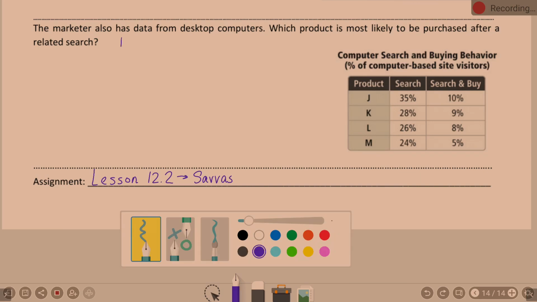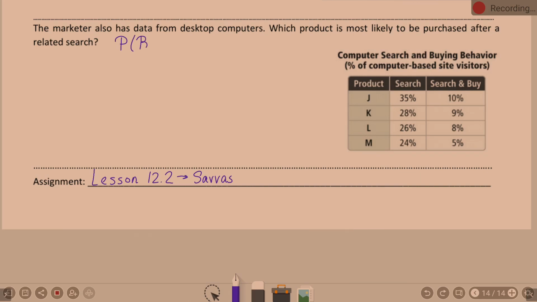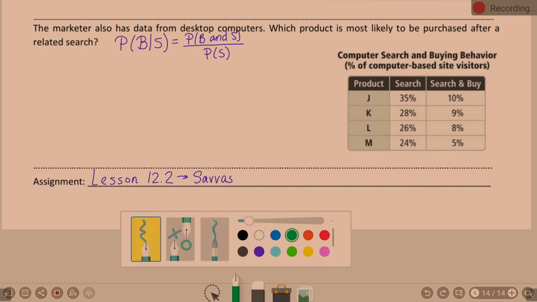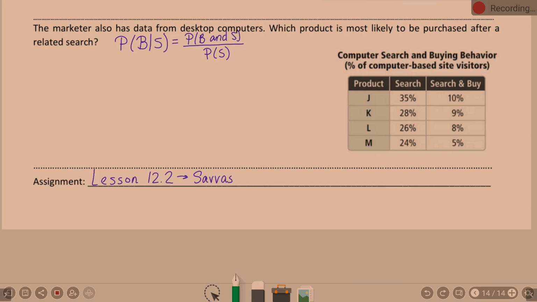Probability of bought, given it was searched, is probability of bought and searched divided by probability of searched. And we have 4 products to do this for.